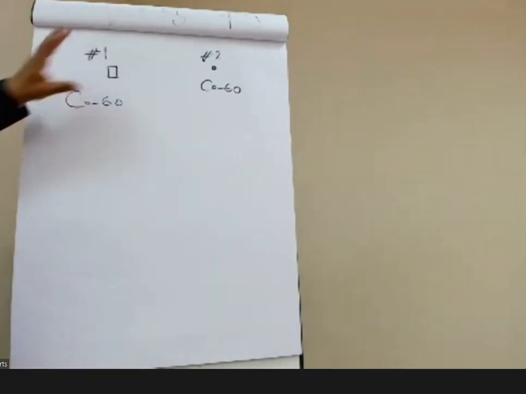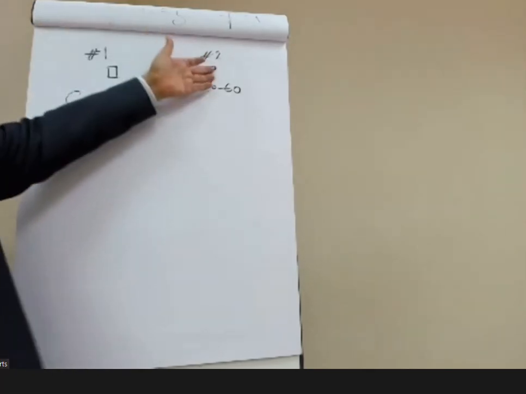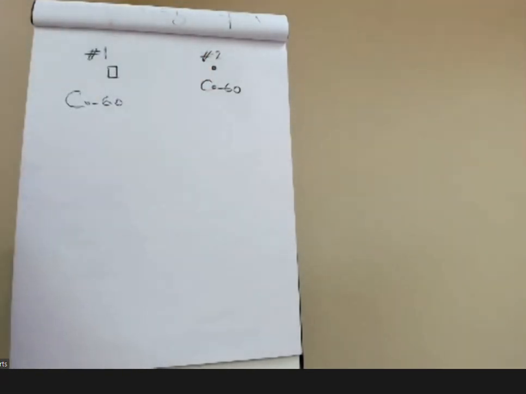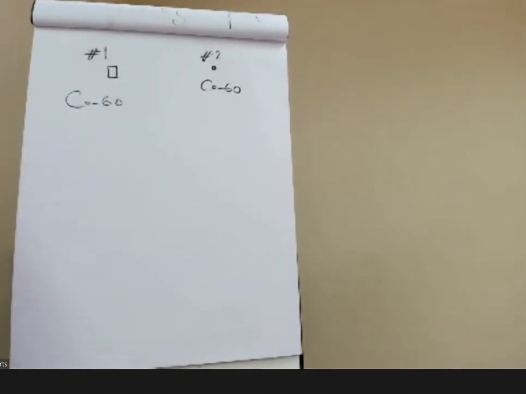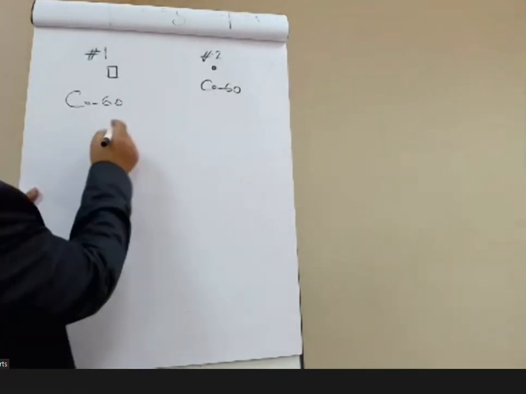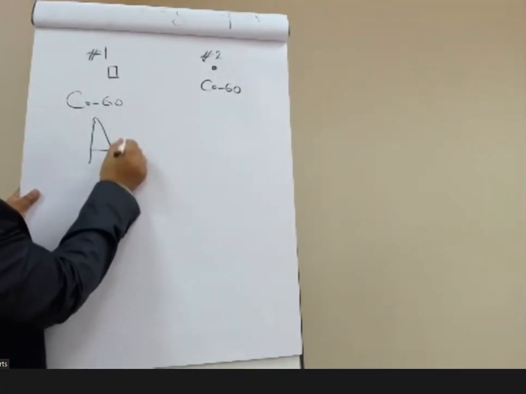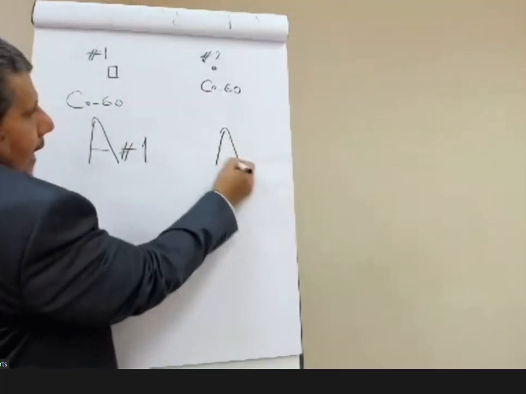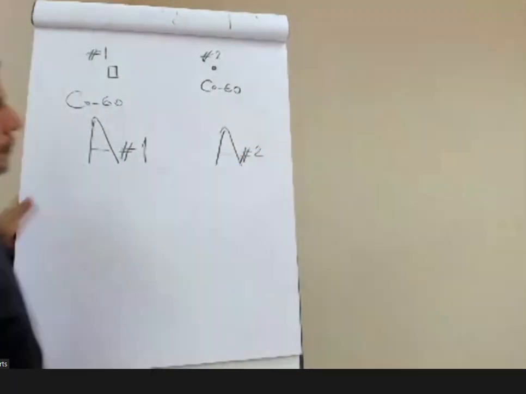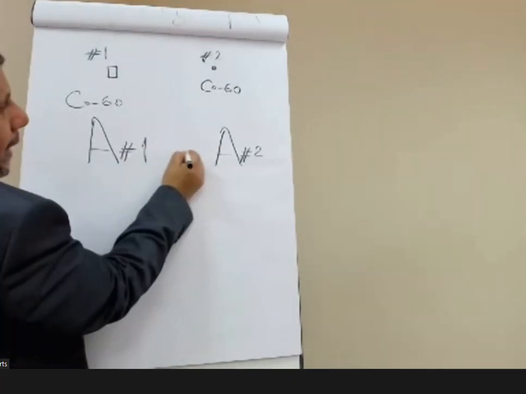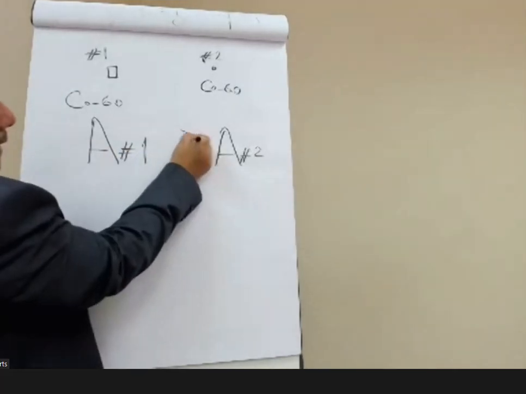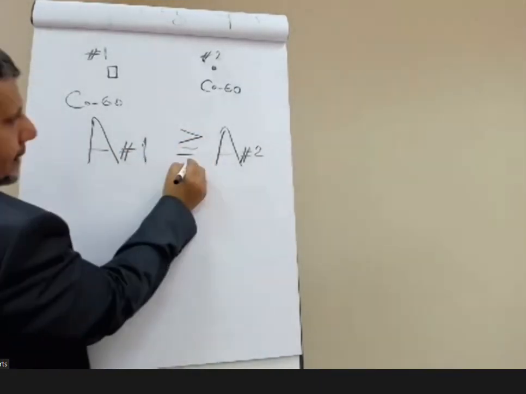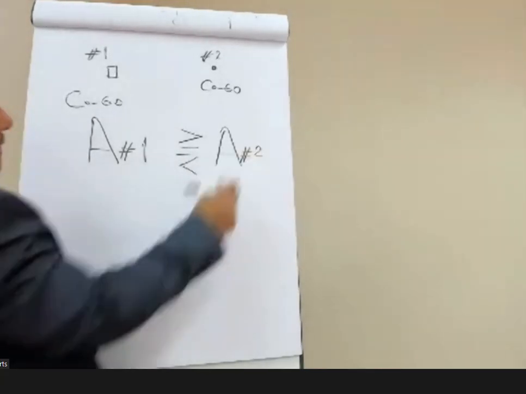Even if you put it in mass, this is assumed 10 gram, this is assumed 1 gram. Now, cobalt 60 is a radioactive source. I ask you now, the activity of sample 1 and the activity of sample 2. Are they equal? Is the activity in sample 1 greater or less than the activity in sample 2?